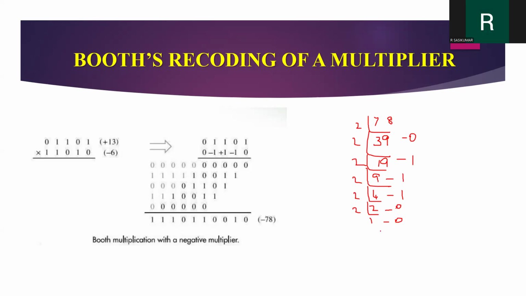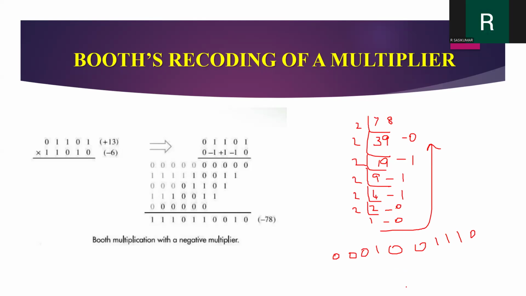So the final result, you can represent totally in 10 bits. So 10 bits means you write as it is 1, 0, 0, 1, 1, 1, 0. So totally 7 bits. The remaining 3 bits you can represent with 0 because it is plus 78.